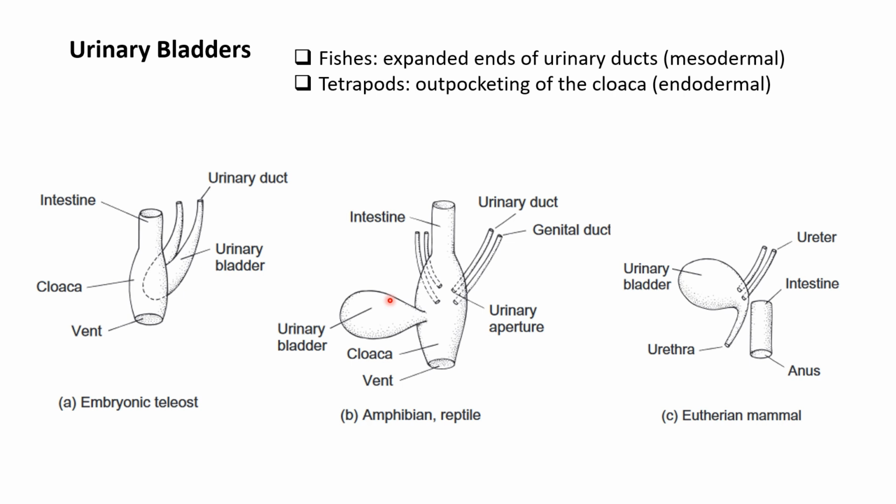Tetrapods with cloacas still retain this connection between the cloaca and their bladders, like in amphibians and reptiles. So the urine coming from the urinary ducts is first dumped into the cloaca and then goes into the bladder for temporary storage. But in mammals, with a separate passage for poop, the urine directly empties into the urinary bladder and then out to the urethra.